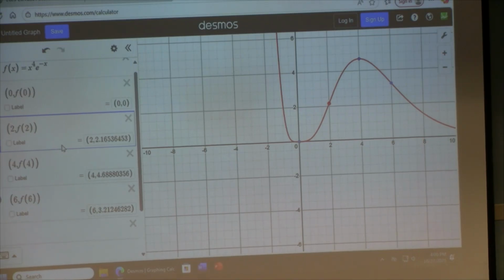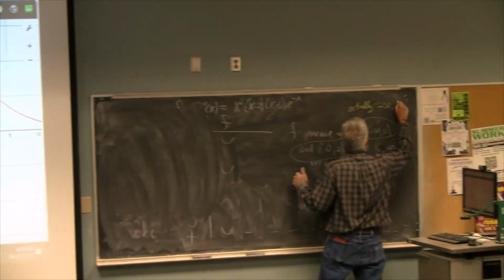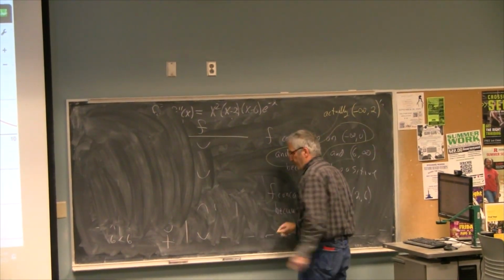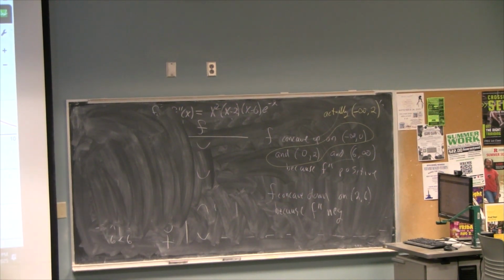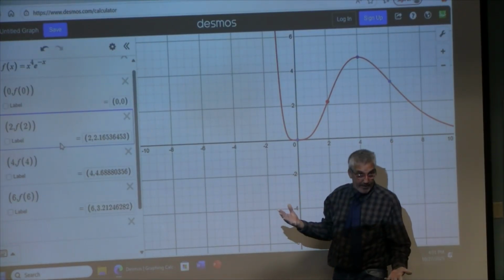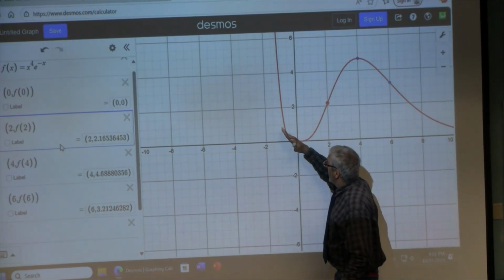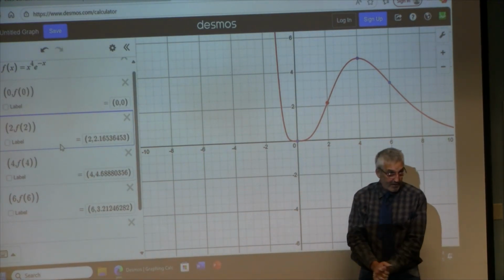So f is concave up on, actually, from minus infinity to 2. Even though the concavity test didn't tell us that, here the second derivative was not positive. The second derivative was 0. But the function was concave up there, it's concave up here. And if you think about concavity in terms of tangent lines, any tangent line I put on the graph in this whole interval, the function stays above that tangent line.